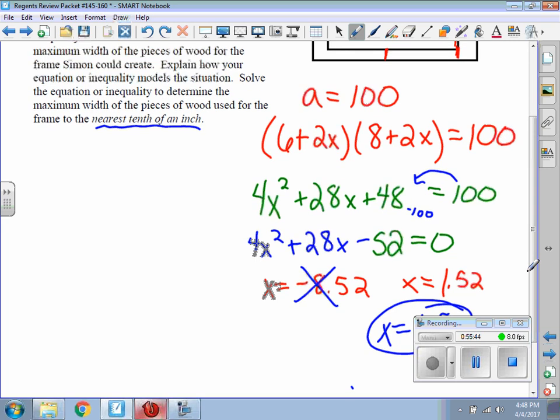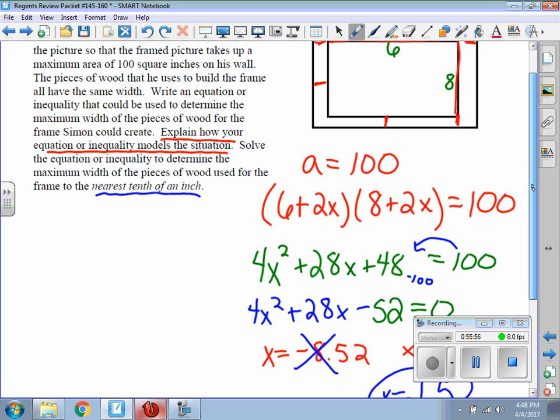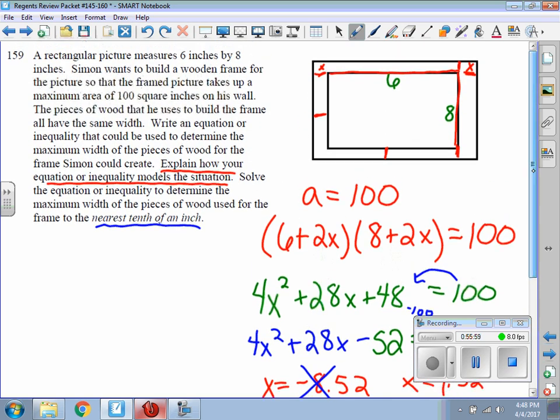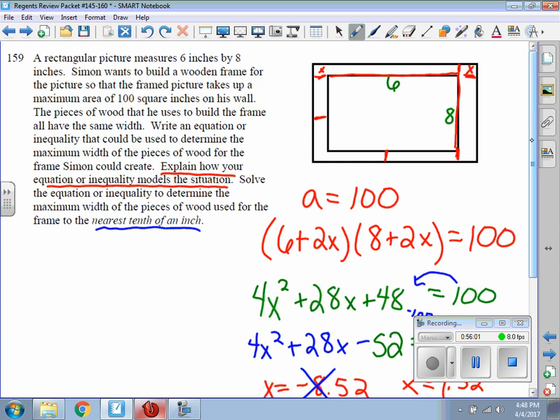So there we go. We just have to explain how your equation or inequality models the situation. Again, you could draw the picture. You could say total length is 6 plus 2 widths.